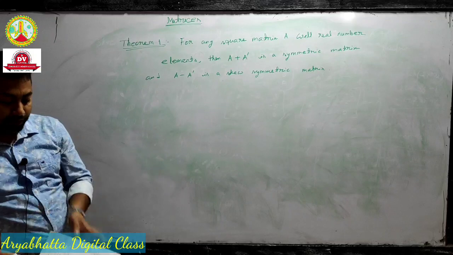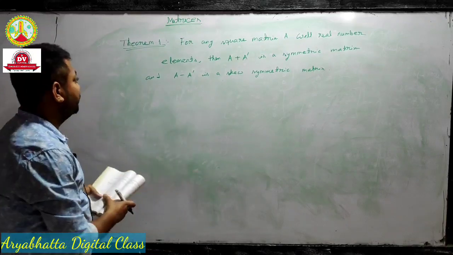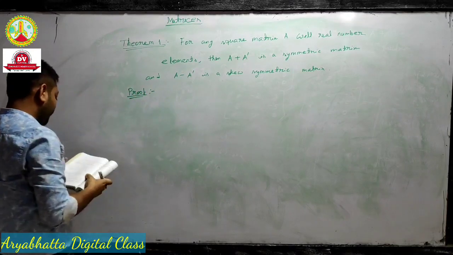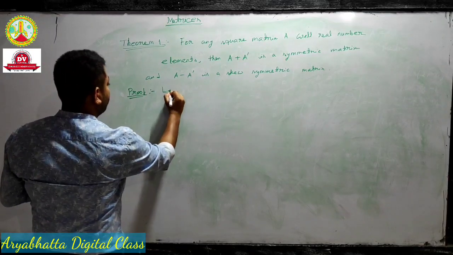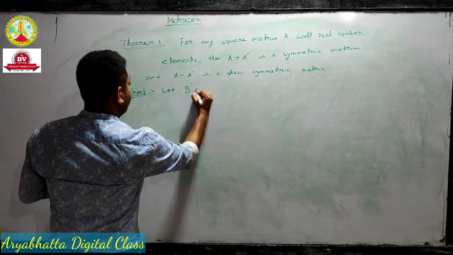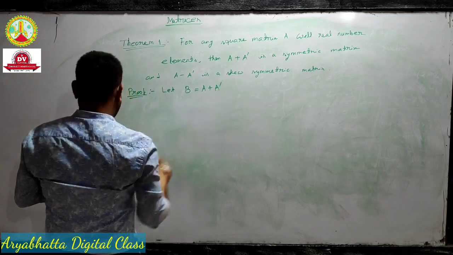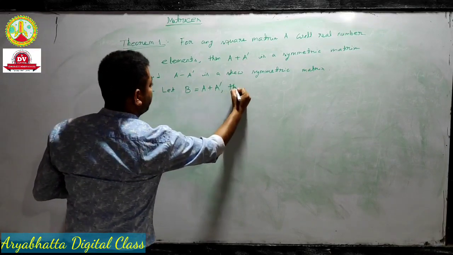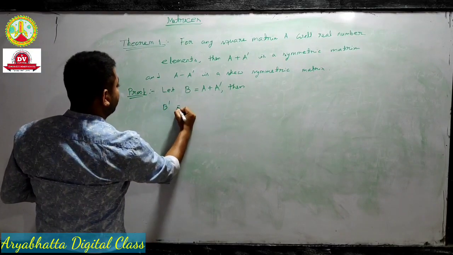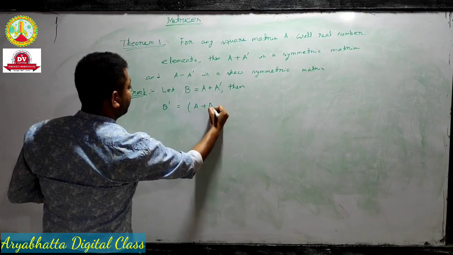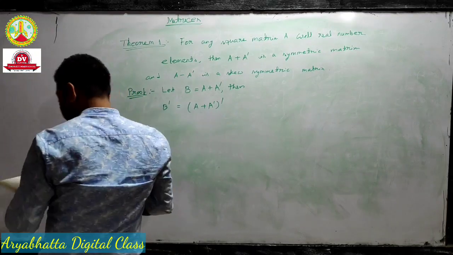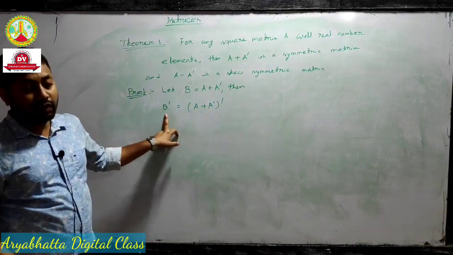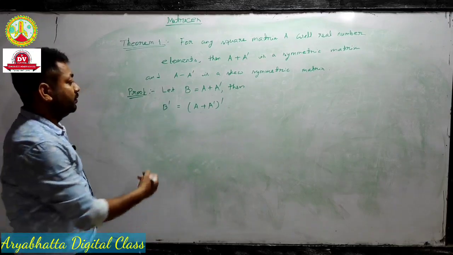Proof. Let B equal to A plus A dash. Then B dash, the transpose of B, is equal to A plus A dash whole dash.